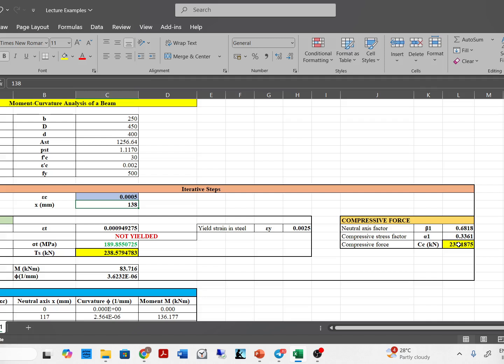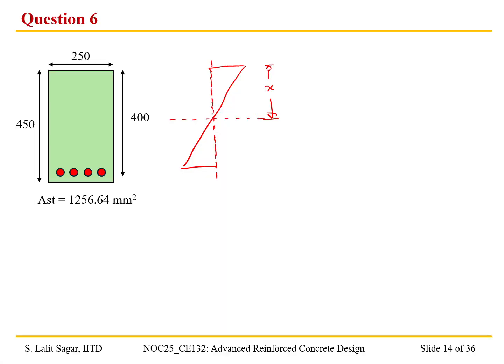Okay, let us proceed by considering this x value, and let us see what is the value of M and phi that we are going to get eventually. So let's get back to the slide. Okay, so we'll consider x is equal to 138 millimeter.